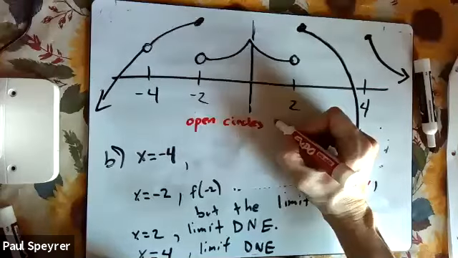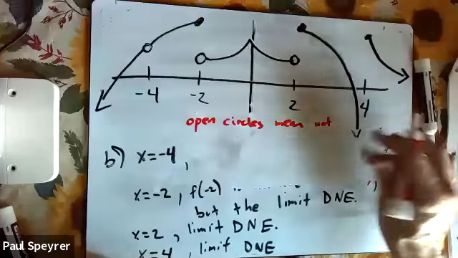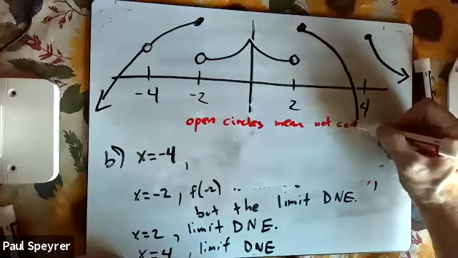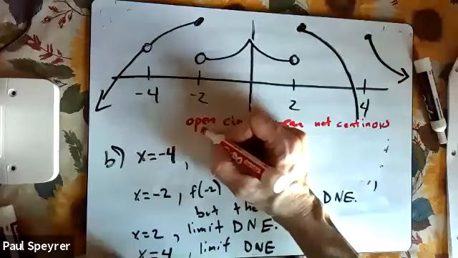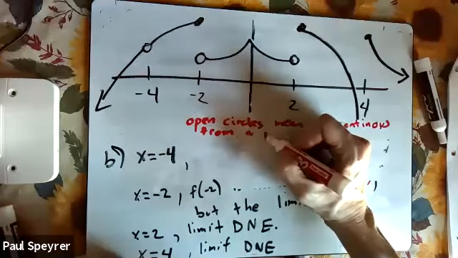Open circles mean not continuous from a particular direction.